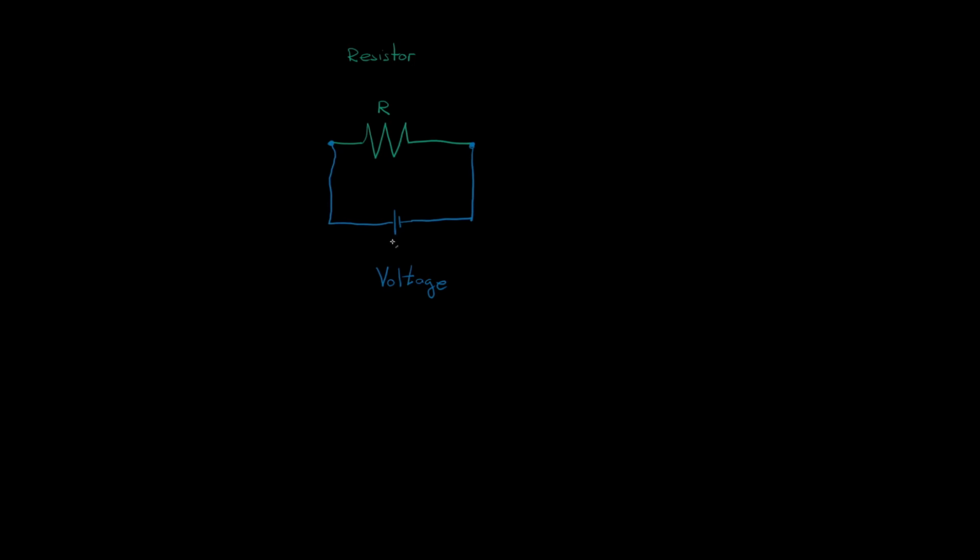And we denote voltage by the letter V. Okay, and this, of course, is the resistance. So now if we attach a battery with voltage V across this resistor, we have a law called Ohm's law.